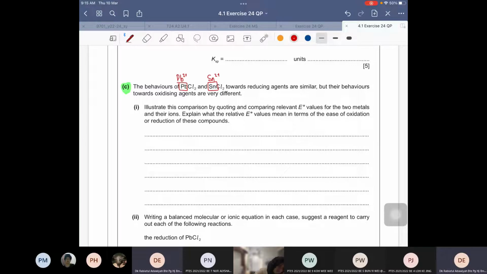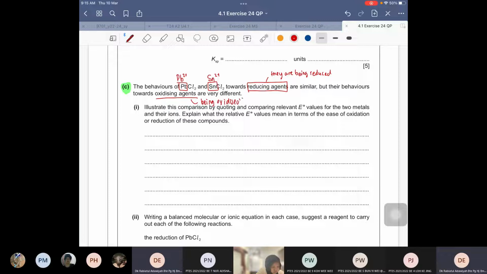Their behavior towards reducing agent, that means they are being reduced. But their behavior towards oxidizing agents means they are being oxidized.